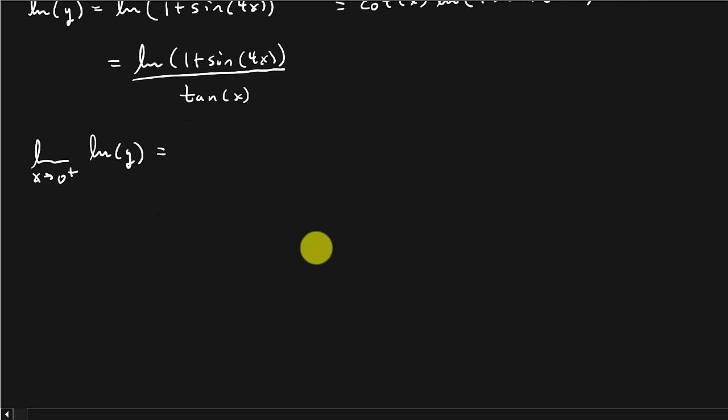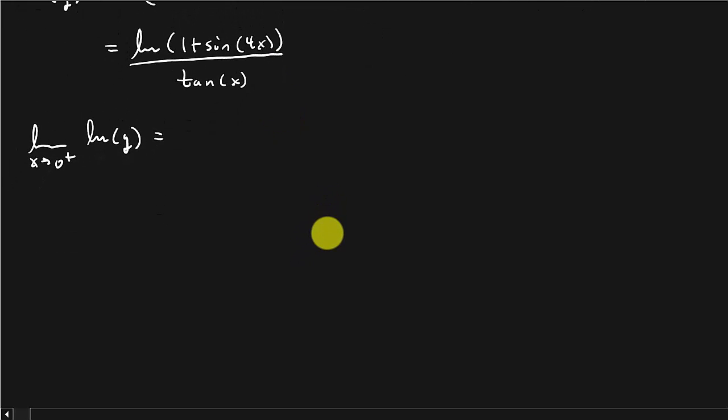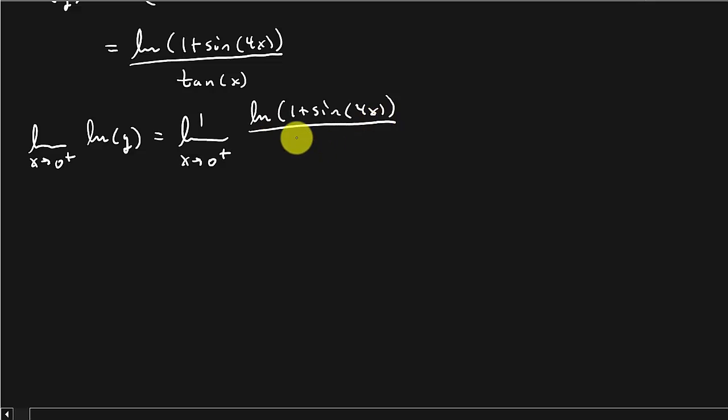Just hang in there with me on this problem. So this is equal to the limit as x goes to 0 from the right of natural log of 1 plus sine 4x over tangent x.